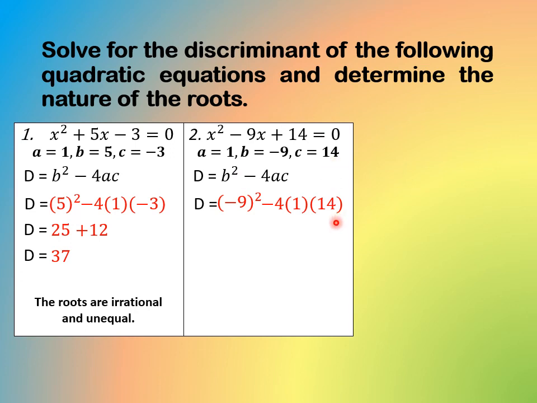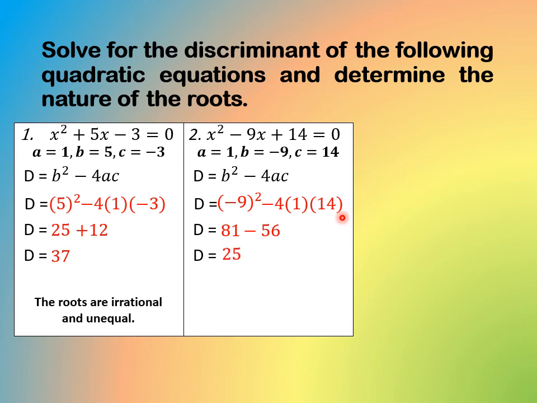Okay, so evaluate. What is negative 9 squared? That is equal to, okay, positive 81 minus 4 times 1. Okay, that is 4 times 14. Okay, that is 56. So we have 81 minus 56.